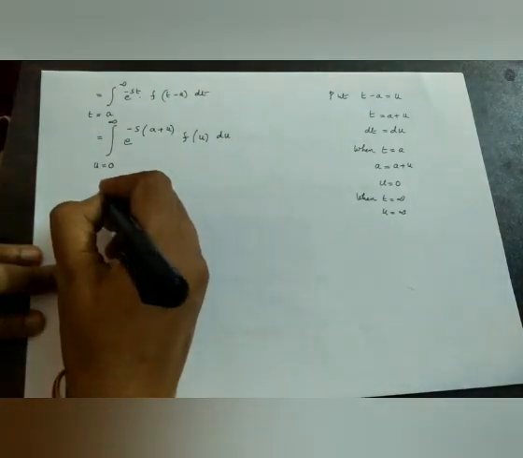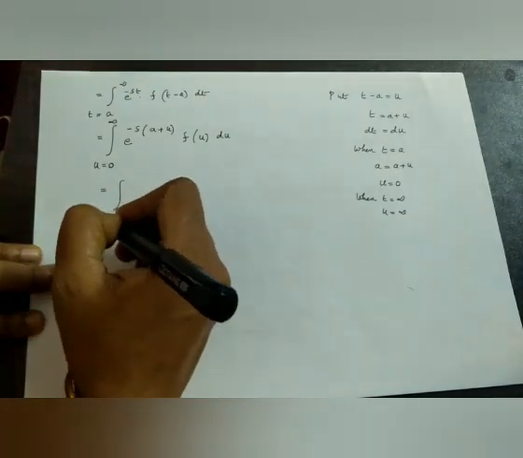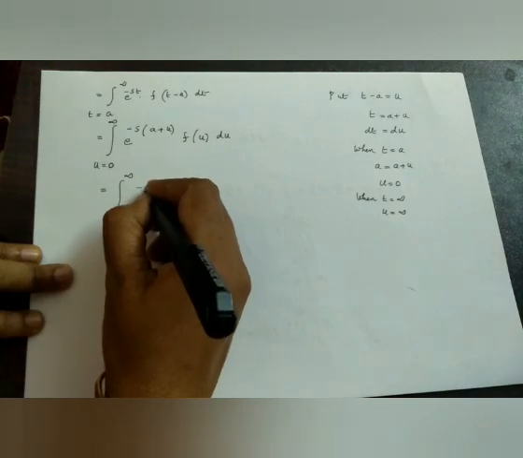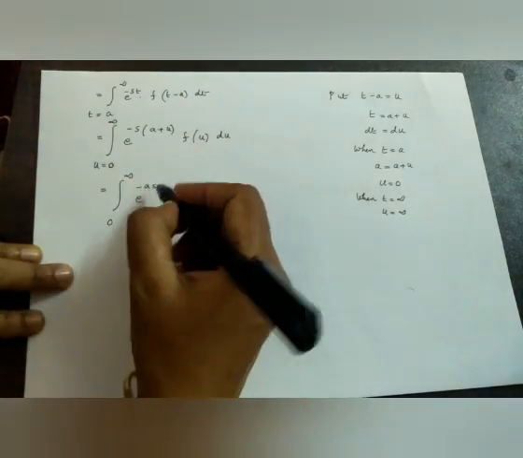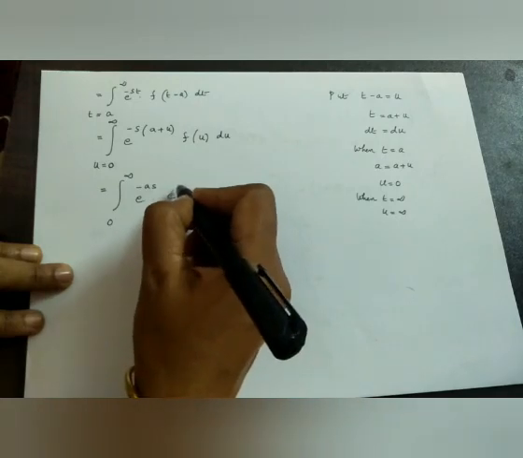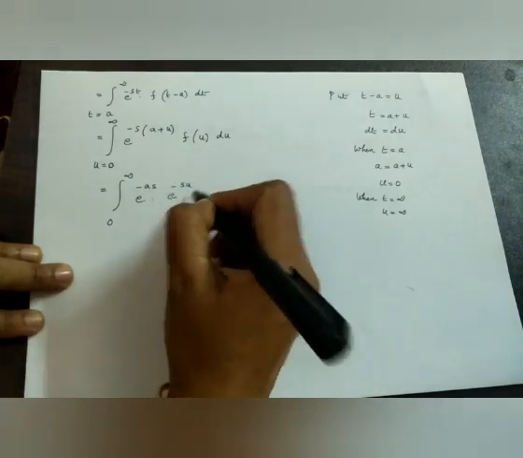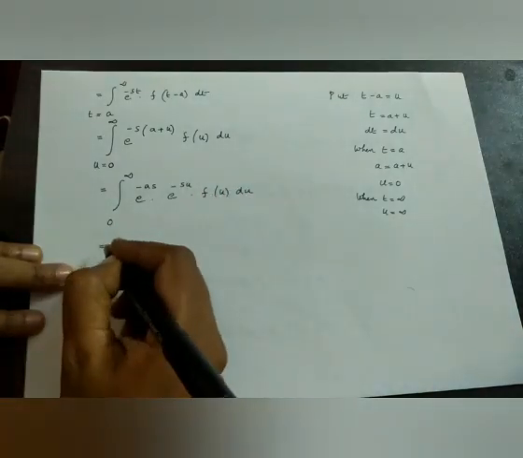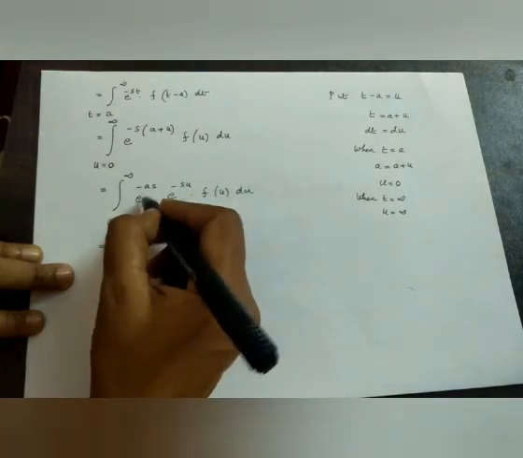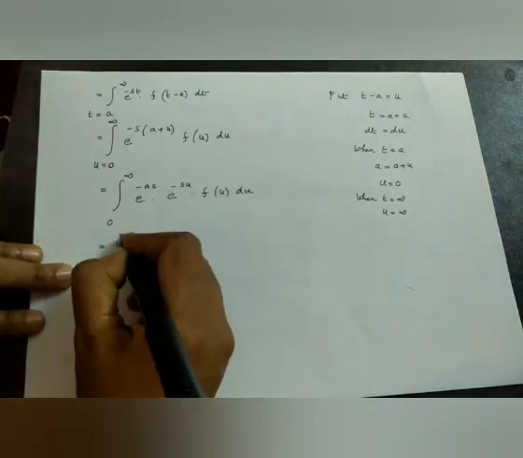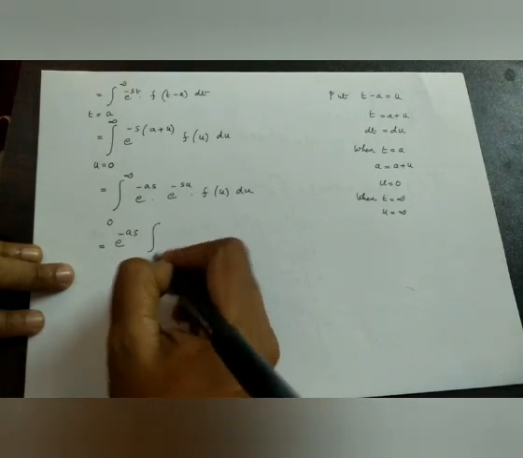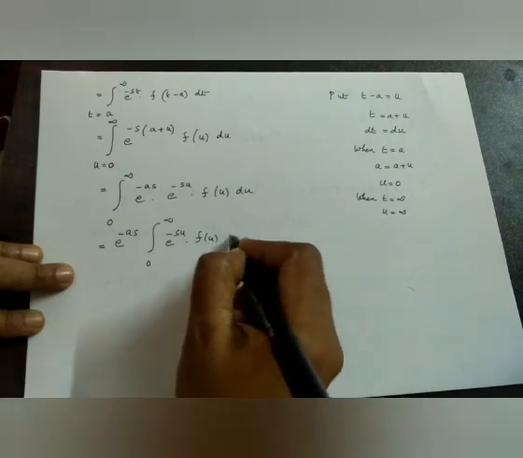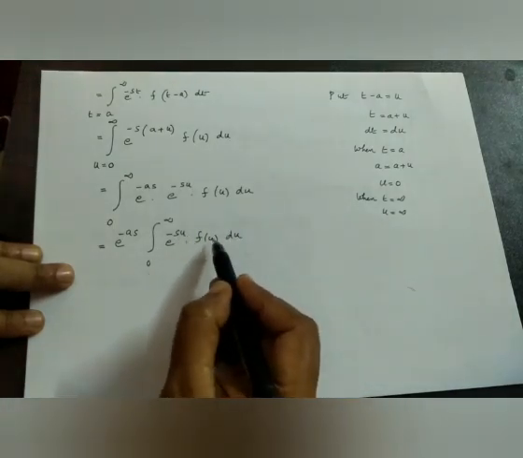Again, this can be written as integral from 0 to infinity e raised to minus s into a plus u, that is e raised to minus sa into e raised to minus su into f of u du. Here with respect to u, e raised to minus as is a constant. Therefore, we will write e raised to minus as and from 0 to infinity e raised to minus su f of u du. What is the integral of e raised to minus st f of t dt?